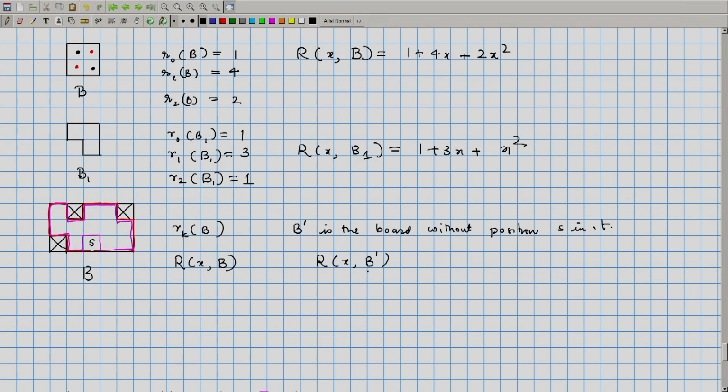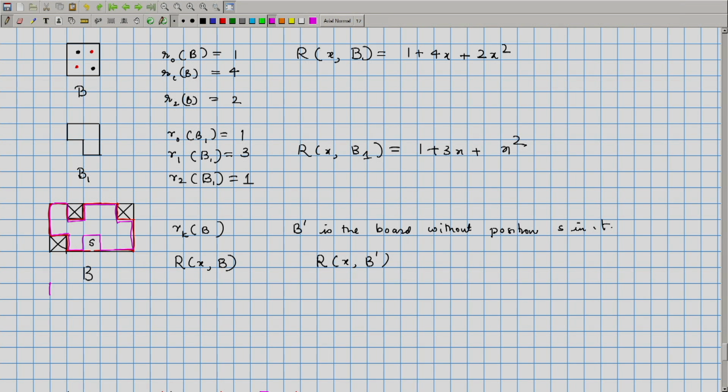Also, we could have a rook at position S. Suppose we place a rook at S, then all these positions will now be gone. Let us draw it separately.